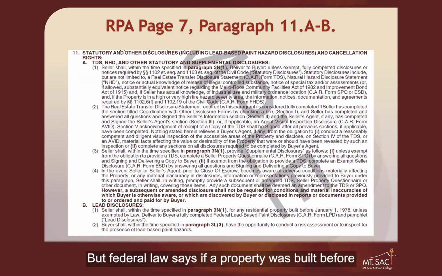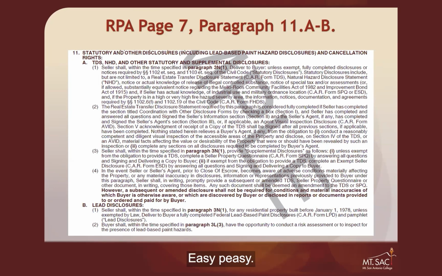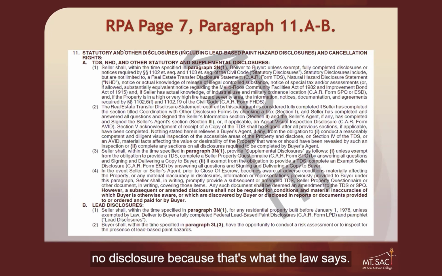But federal law says if a property was built before 78, you must give the lead-based paint disclosure. Easy peasy. Built before 78 gets lead-based paint. Built after 78 or in 78 or later, no disclosure, because that's what the law says. Don't have to get involved with it, all right?